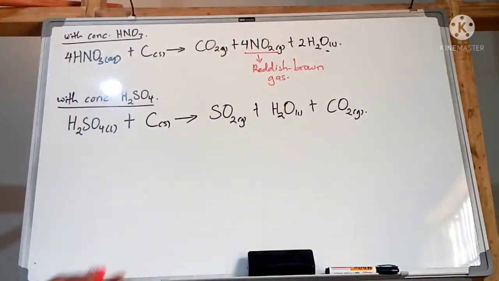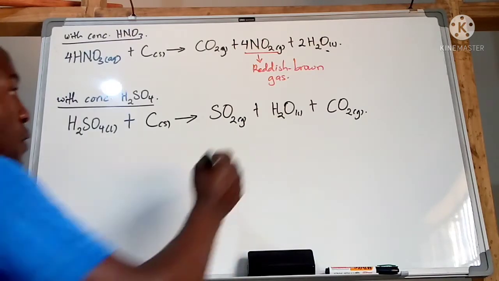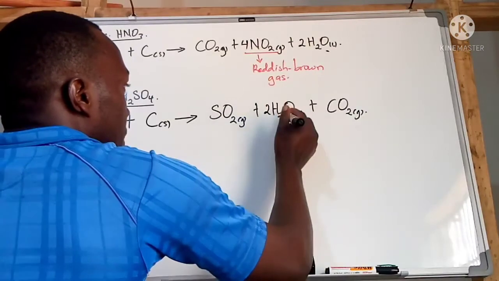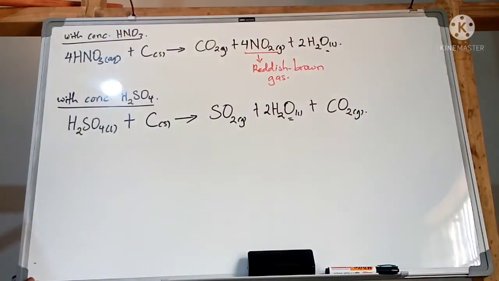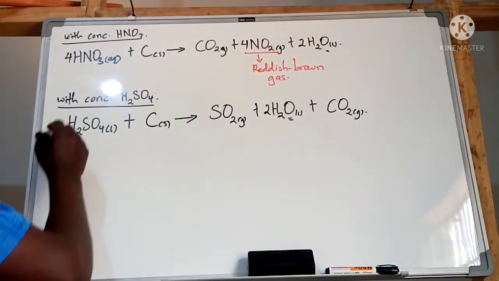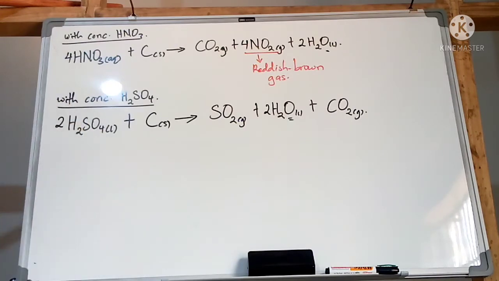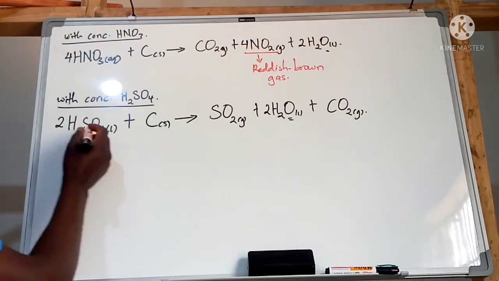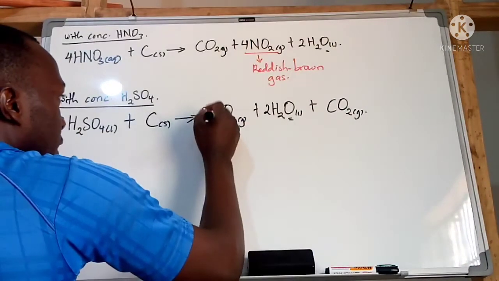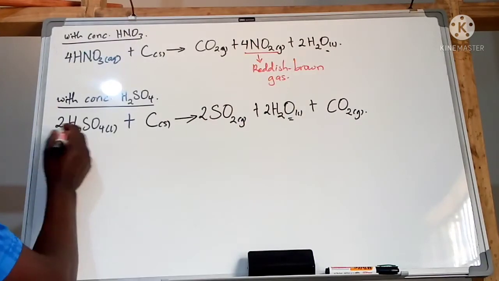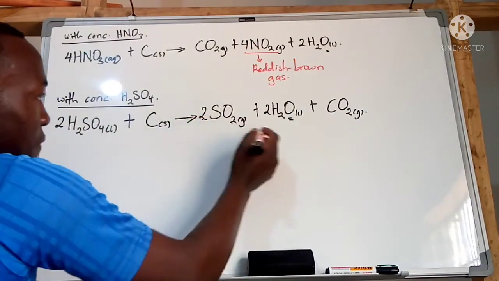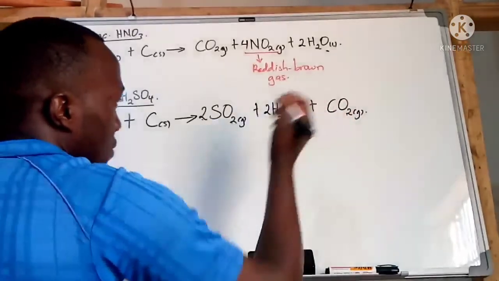So after that, make sure that you balance your equation. We are beginning with water to put a 2 to make this oxygen even. Hydrogen has become 4, so I'm multiplying sulfuric acid by 2. Sulfur has become 2, I'm multiplying sulfur dioxide by 2. Oxygen is 8, these are 4 plus 2, 6 plus 2, 8.